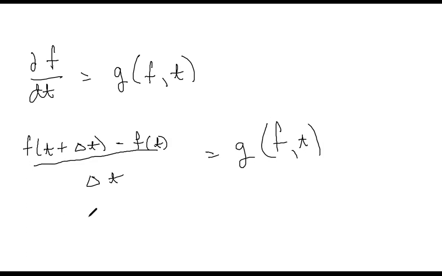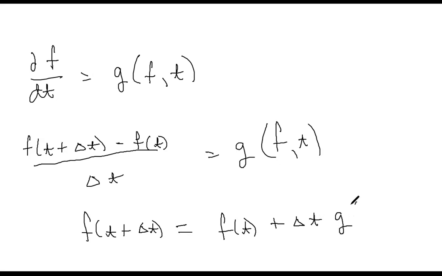Turning it around, we have f of t plus delta t equals f of t plus delta t times g. Now I'm going to write f of t, comma t, making it really explicit.